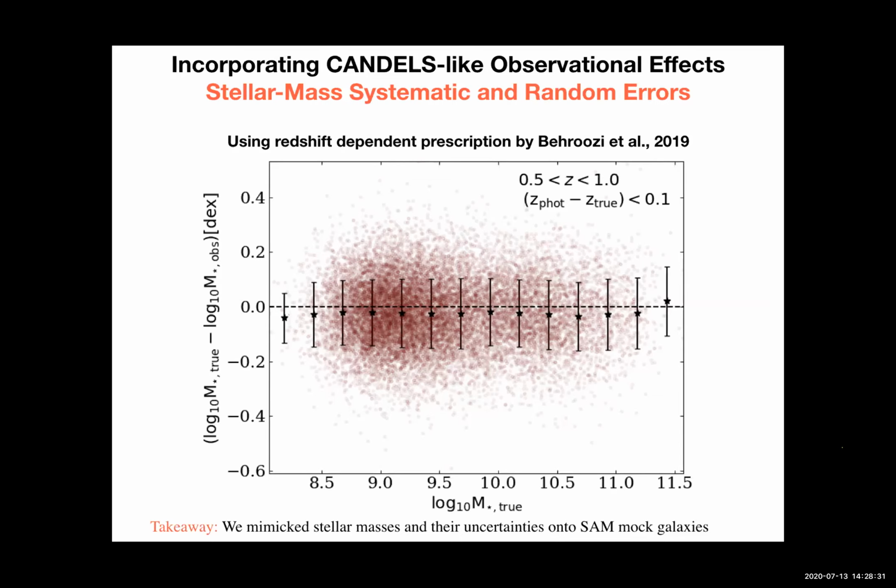And you did this for all of the galaxies in the SAMs that span this true mass range, right? And then for redshift less than 1, your error bars are smaller than 0.3, like 0.1, right? Right. So that's what I was saying. It's a redshift dependent thing.